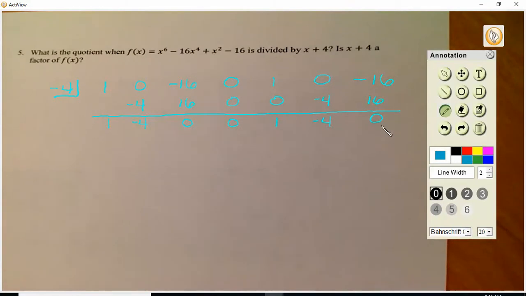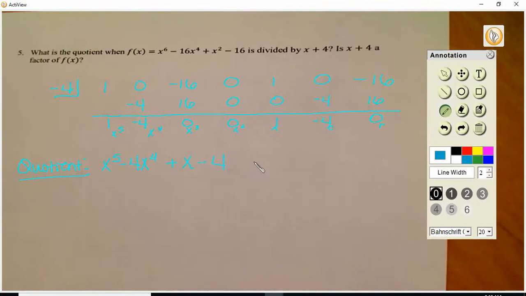So remember, this is your remainder, your constant, and then increasing powers of x. So our quotient, which is x to the 5th minus 4x to the 4th. If there's zeros, you can leave them off. So plus x minus 4. What's the remainder here? 0.